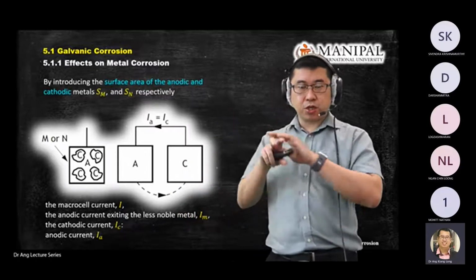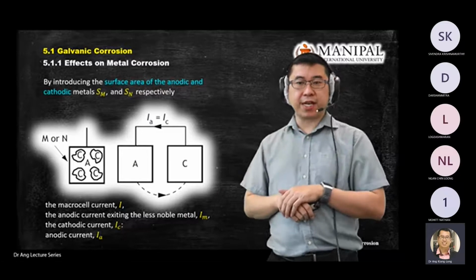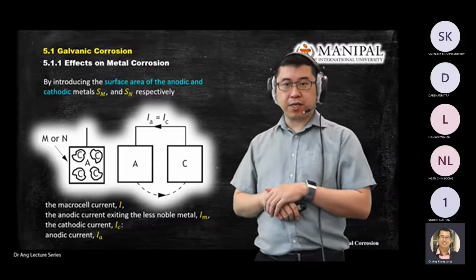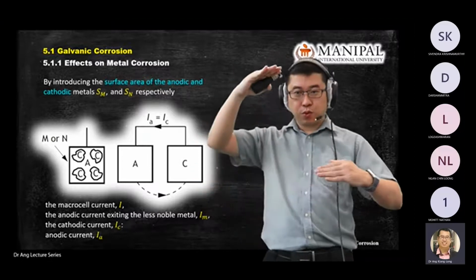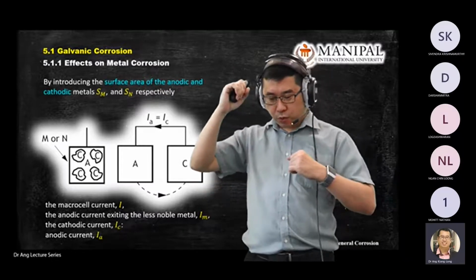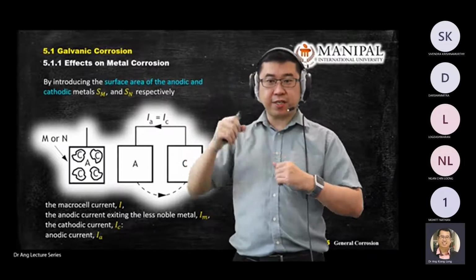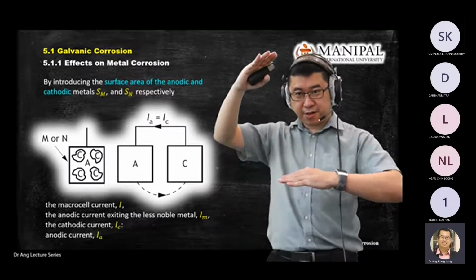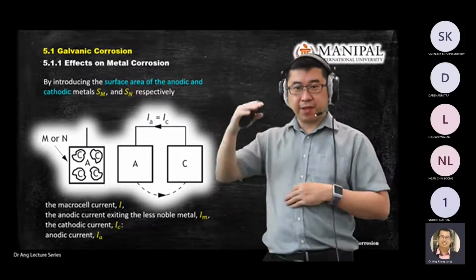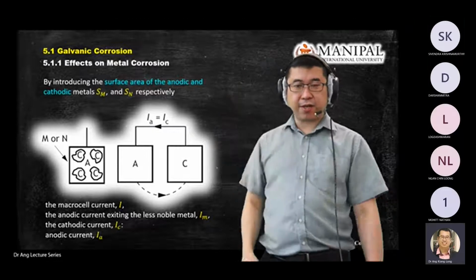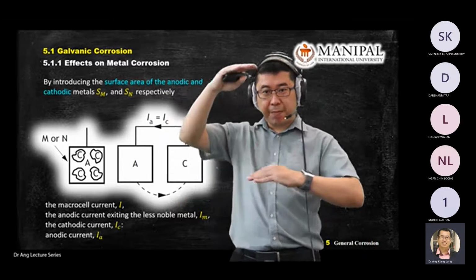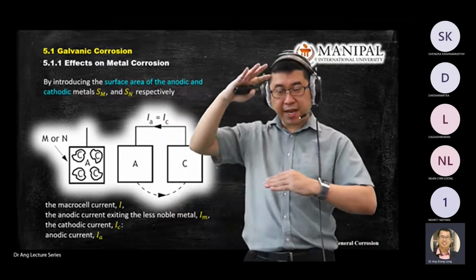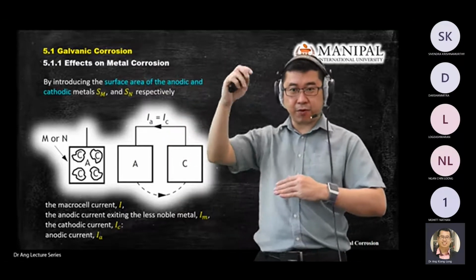All right. So we have two types of surface area when we talk about corrosion. And just now we have two stations, anode and cathode, and in the schematic diagram we have M and N. N is the noble, meaning a higher level of metals.